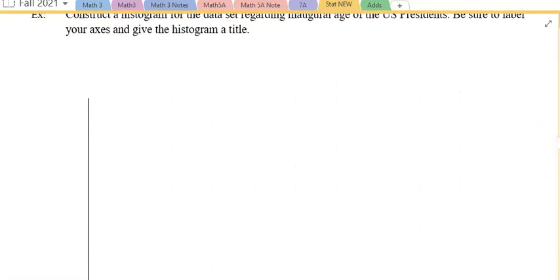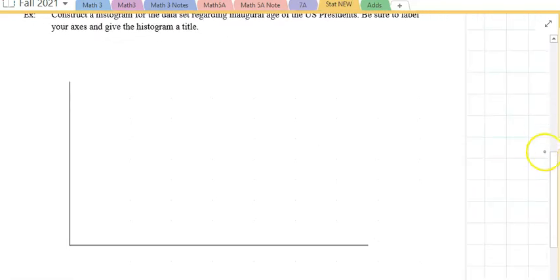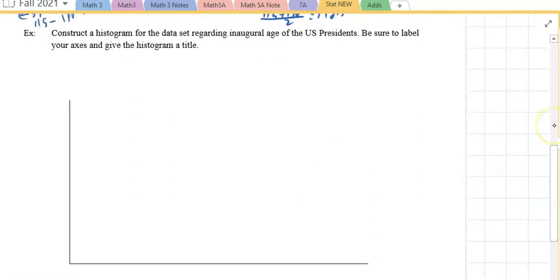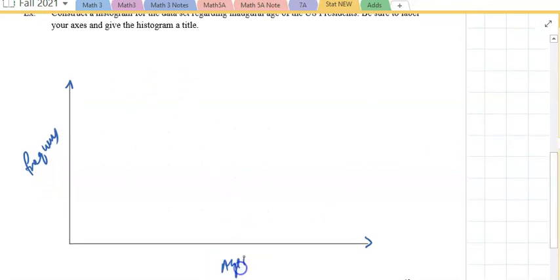Now, I'd like to construct a histogram. I'm going to shrink it a bit so I can see the whole thing. There. So, construct a histogram for the data set regarding the inaugural age of the US presidents. Be sure to label the axis and give the histogram a title. Okay, so we're going to go by frequency, and the bottom we're going to label as ages.